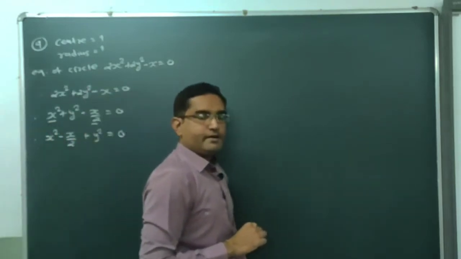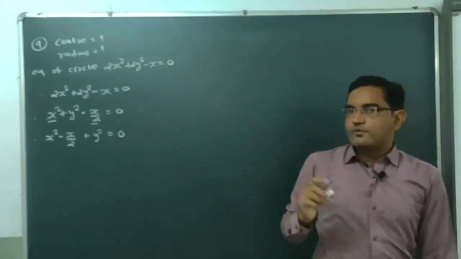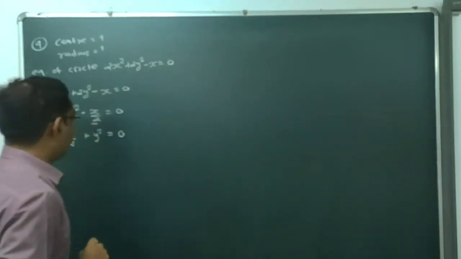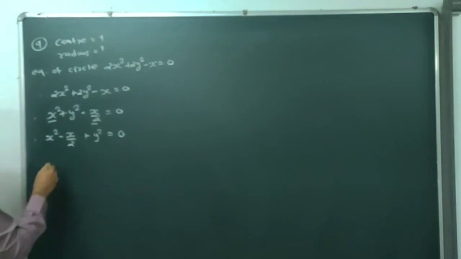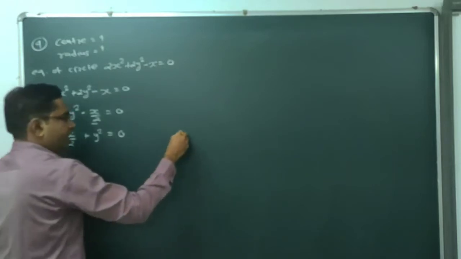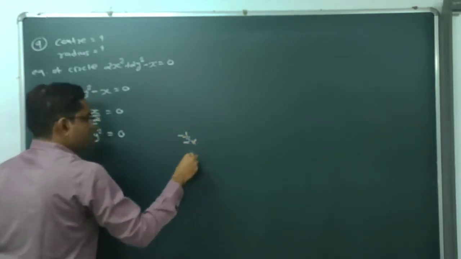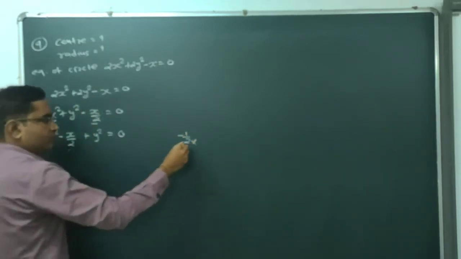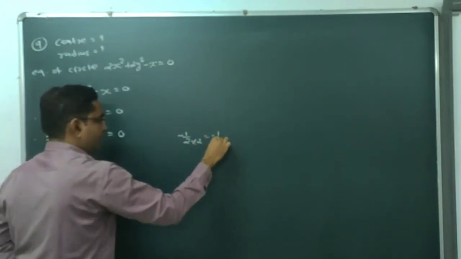Now we have to complete the perfect square trinomial. Here we can see this is the first term, this is the middle term, and the third term is missing. So for that we have to consider the coefficient of x, which is -1 by 2. Then we divide that coefficient by 2, so it's -1 by 4.